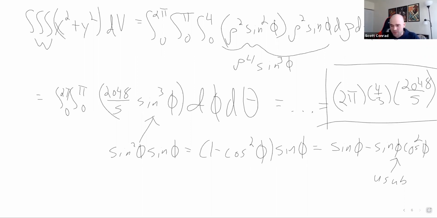I want to do another example, so I'm not going to dwell on how to evaluate this too much. The bounds for this one were really easy because it's just bounded by a sphere, and you get the entire thing. So rho goes from 0 to a constant, the radius of the sphere. Phi goes from 0 to pi because we're getting the entire sphere. And then theta goes from 0 to 2 pi because we're going all the way around.